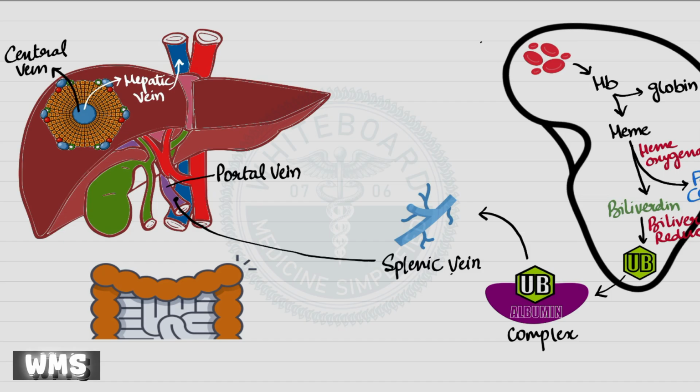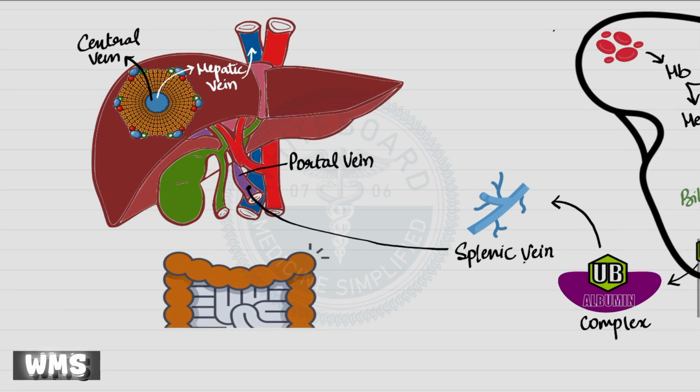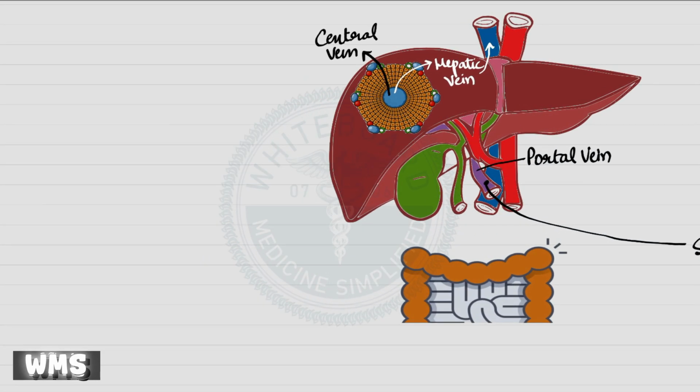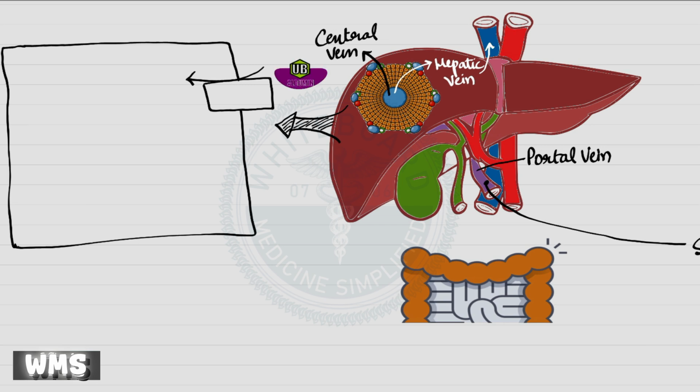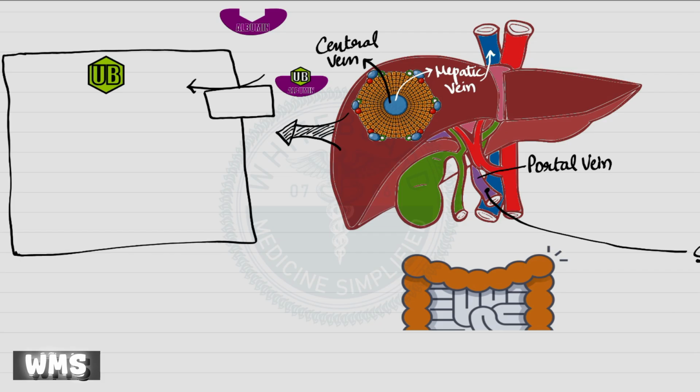Now, once the unconjugated bilirubin-albumin complex reaches the liver, it travels through the liver sinusoids. At the sinusoidal membrane of the hepatocytes, the unconjugated bilirubin dissociates from albumin and is then actively transported into the hepatocyte by a special carrier protein known as the organic anion transporting polypeptide.